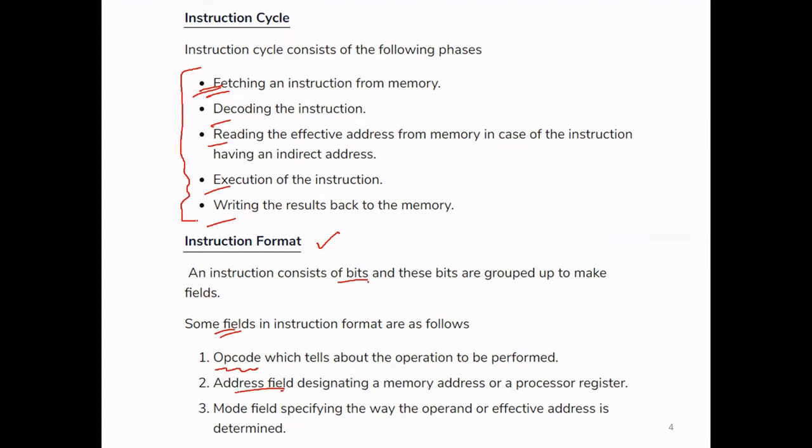So for registers also there is an address, and memory also has an address. And the mode field, which specifies the operating mode, whether it is direct address mode, register indirect address mode, or immediate addressing mode, specifying the way the operand or effective address is determined. So these are the fields available in the instruction format.